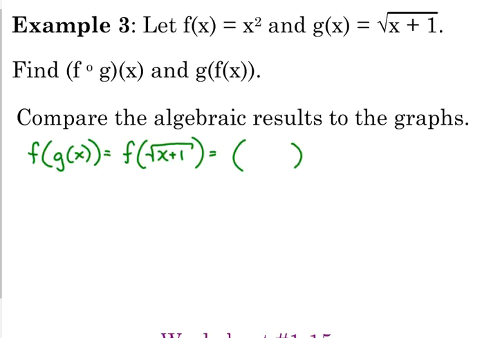So I replace that x right there with this expression, just like I would replace it with a number, and it's squared. And when you square a square root, those cancel. So this composition ends up giving me the linear function x plus 1.